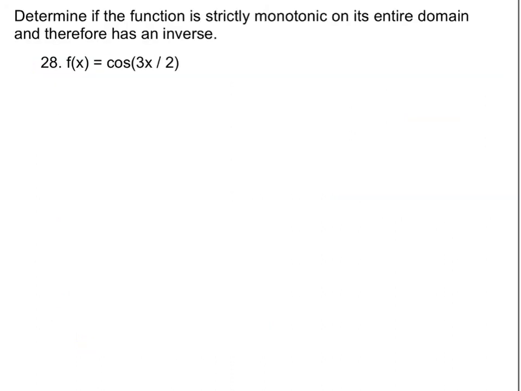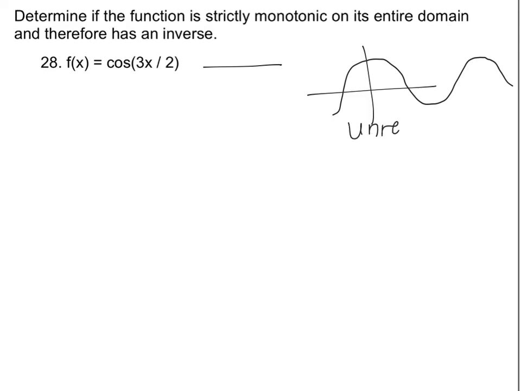So let's look at a slightly different one. If we talk about the cosine function, if you'll remember what a cosine function looks like, right? If we do this, a cosine function oscillates. Now what we notice here is this has an unrestricted domain. And as such, it clearly does not pass the horizontal line test.